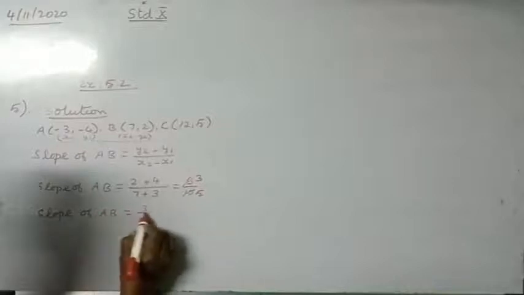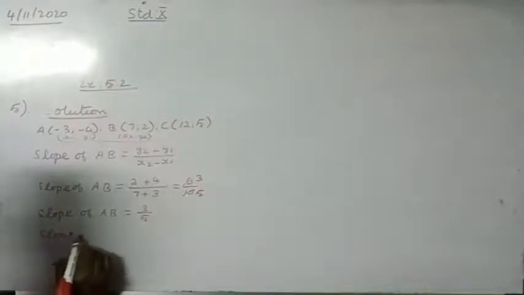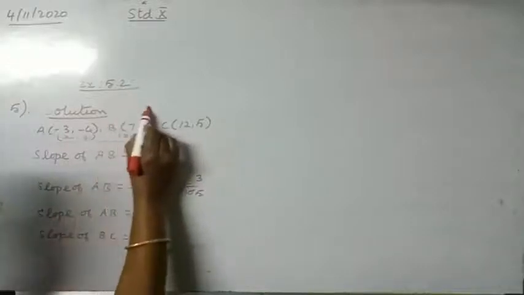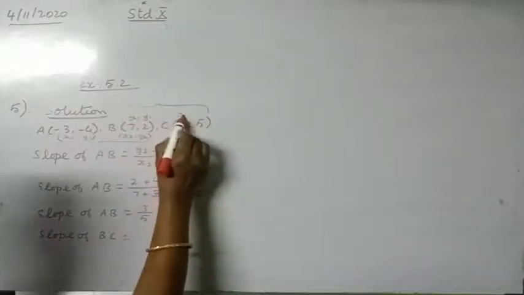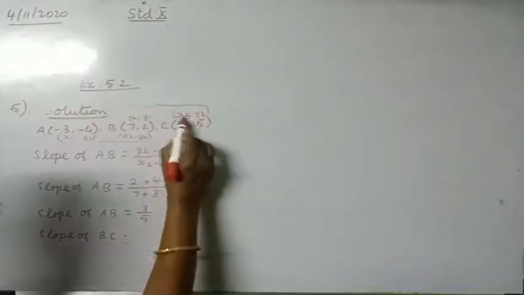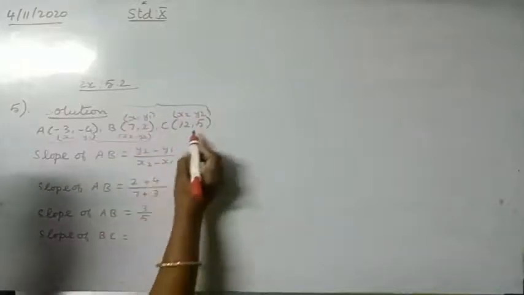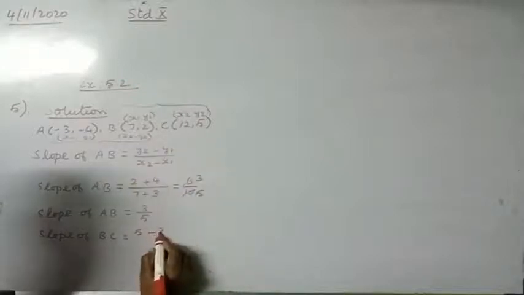So slope of AB is equal to 3/5. Then find slope of BC. So take this as x1, y1, this as x2, y2. Then apply this formula. y2 is 5 minus y1 is 2.